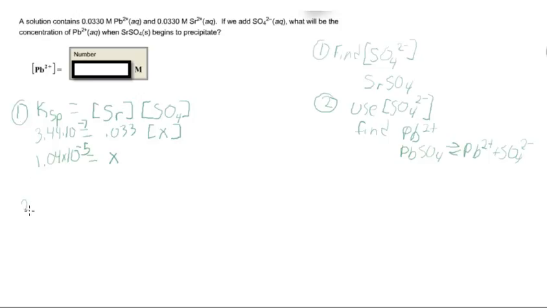Step two, we're going to use the KSP for the lead sulfate. So the KSP is going to equal concentration of lead times the concentration of sulfate, and we are given the sulfate now to be 1.04 times 10 to the negative 5th.